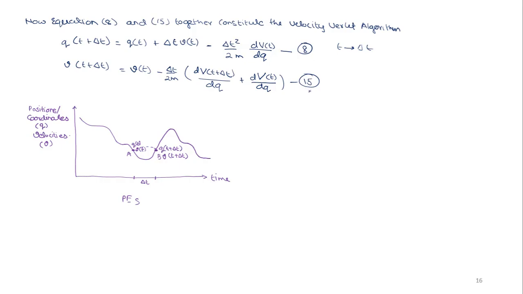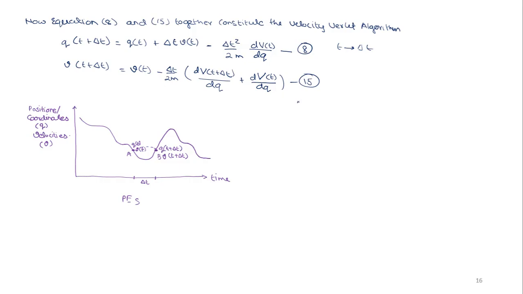These expressions enabled us to calculate the new positions of atoms, that is q of t plus delta t, and new velocities of the atoms when our protein ligand system changes its conformation in the time interval of delta t. Now we know that the two expressions we have derived, expression number 8 and expression number 15, constitute the steps in the velocity Verlet algorithm.